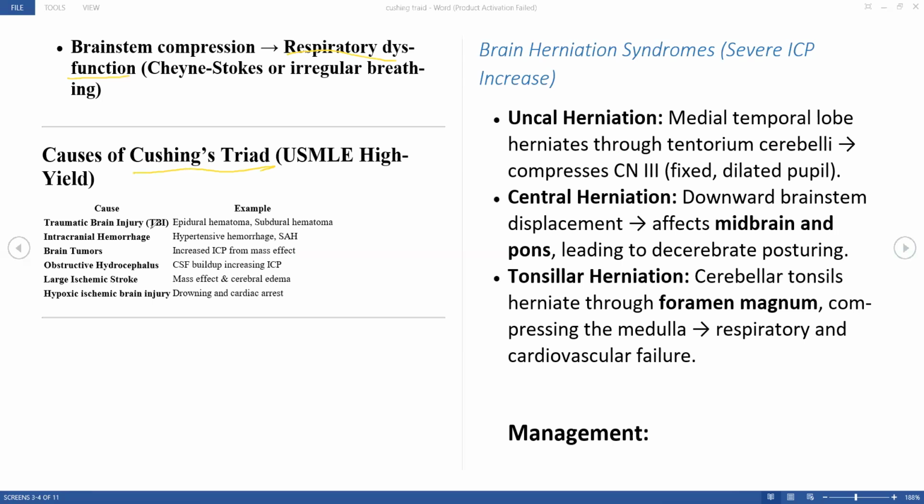Traumatic brain injury, that includes epidural hematoma and subdural hematoma; intracranial hemorrhage, that includes hypertensive emergency hemorrhage and subarachnoid hemorrhage.